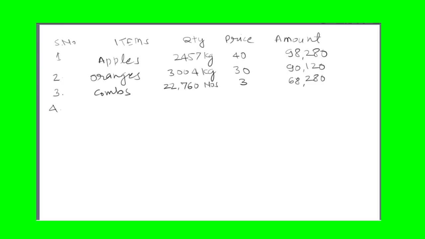The fourth item sold was toothbrushes. The total quantity sold was 25,367, at the rate of 10 rupees each. So the amount comes out to be 2,53,670.